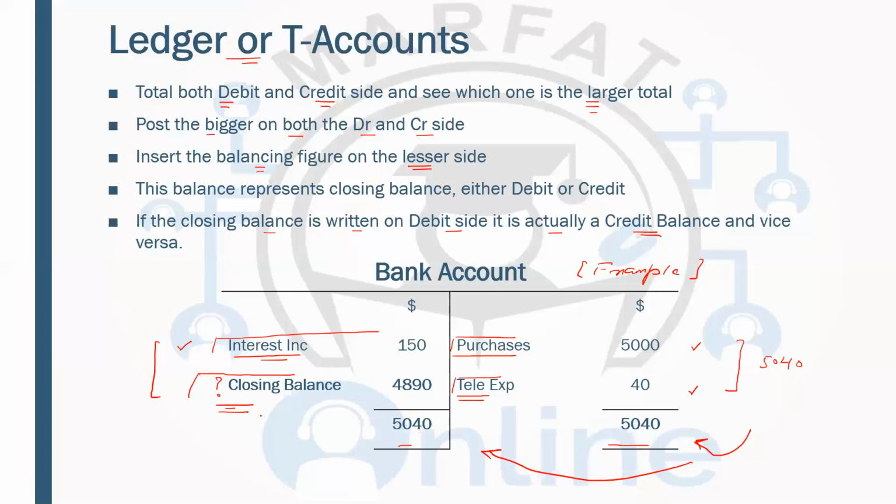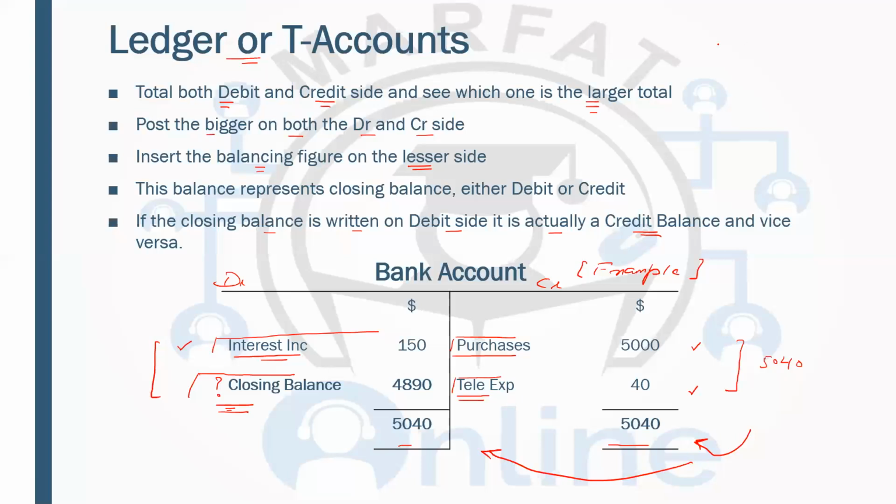Here the closing balance is coming on the credit side, but it represents a debit balance. Similarly, if it comes on the debit side, it represents a credit balance.